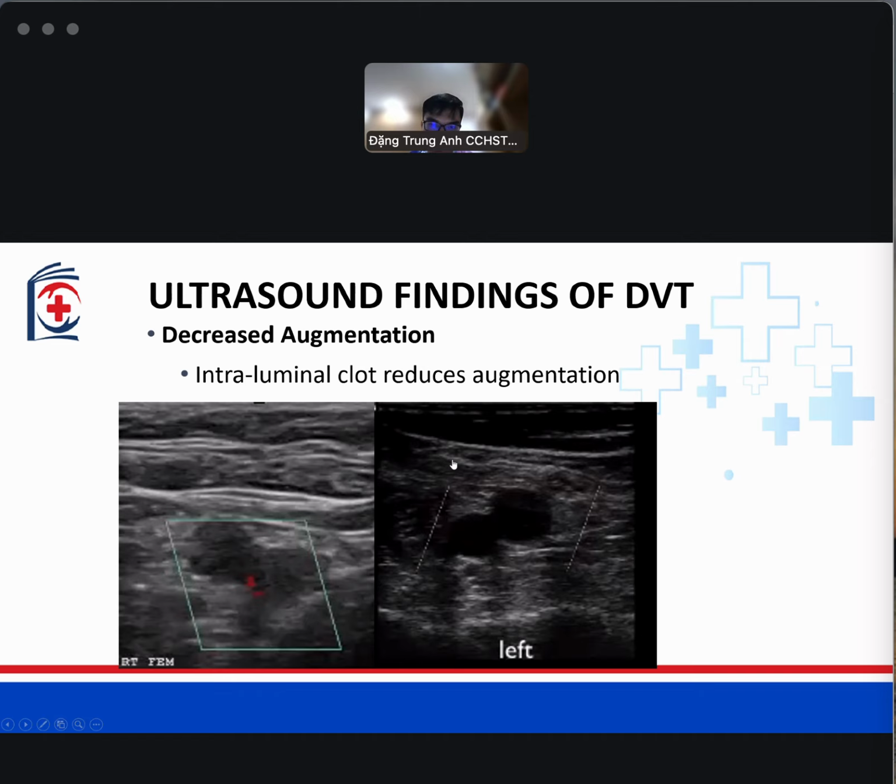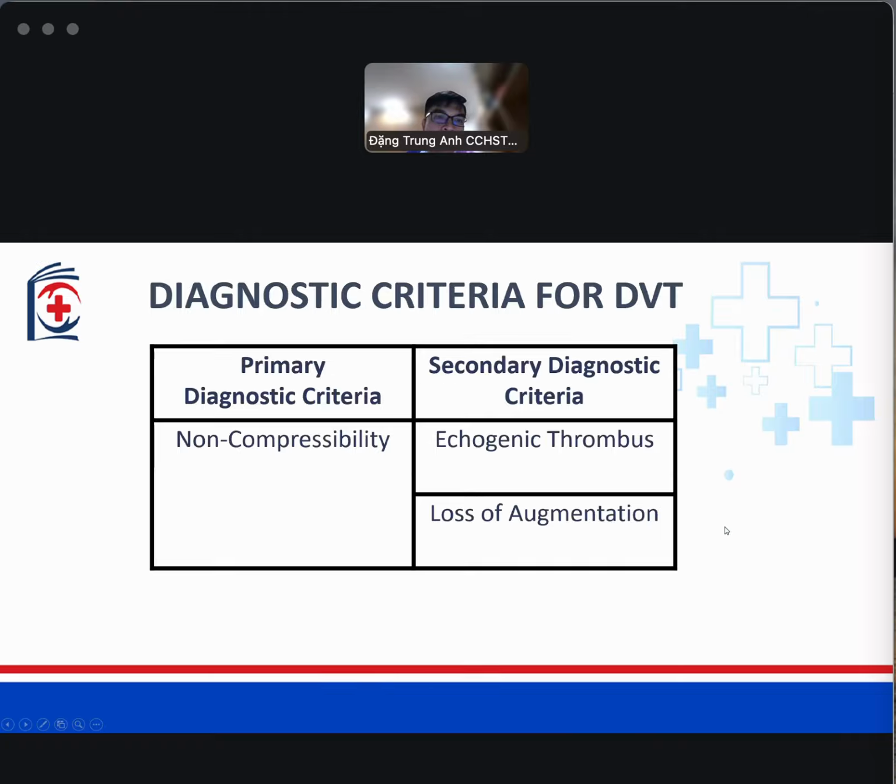But if we apply pressure below the vein and the vein remains the same size, we can see that maybe there is a thrombus inside.